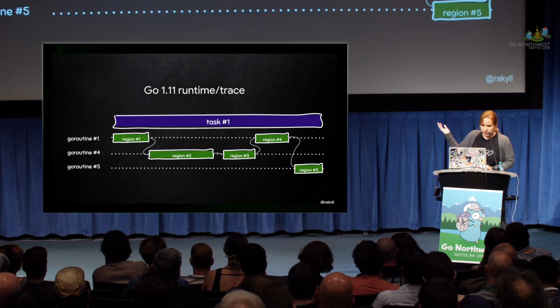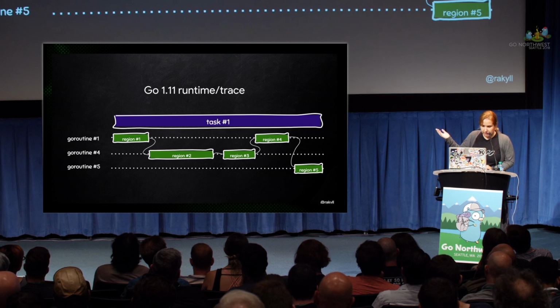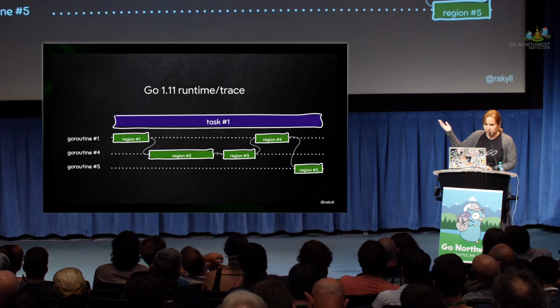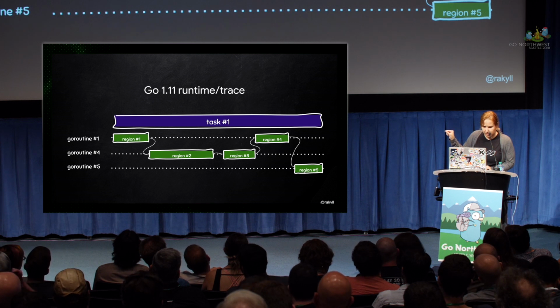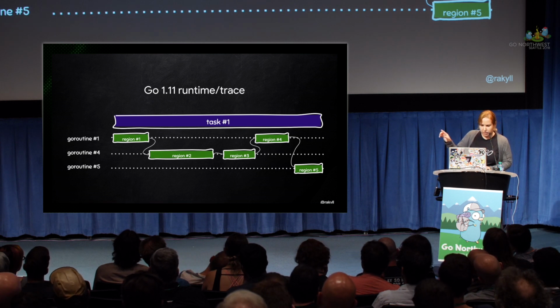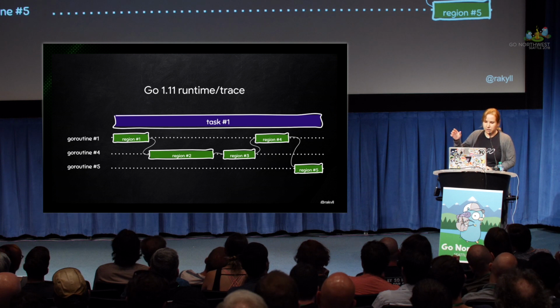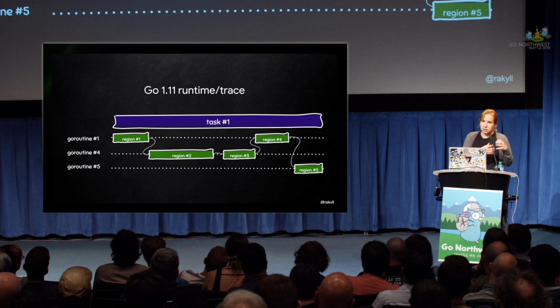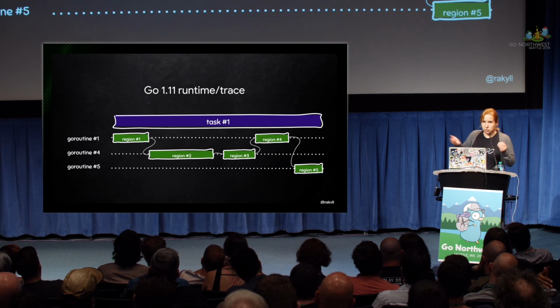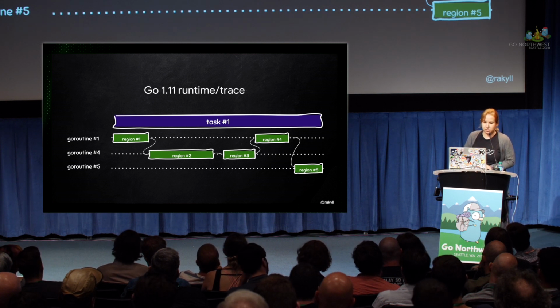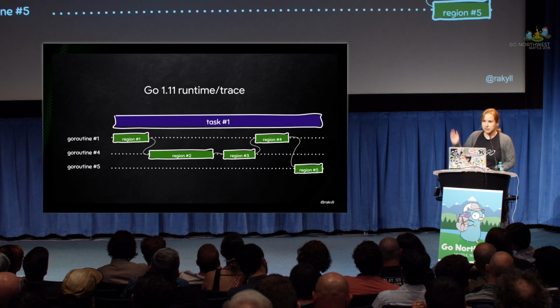For example, if you start a task for an RPC handler, here task 1 is starting at Go routine 1 and ending at 5. But with regions, the execution of the handler is happening in multiple Go routines, and all of those execution parts are represented as regions by the green boxes.